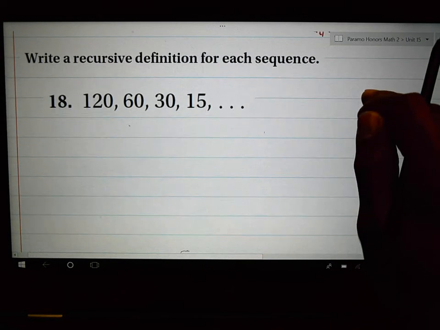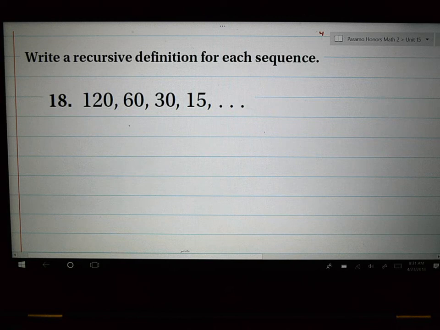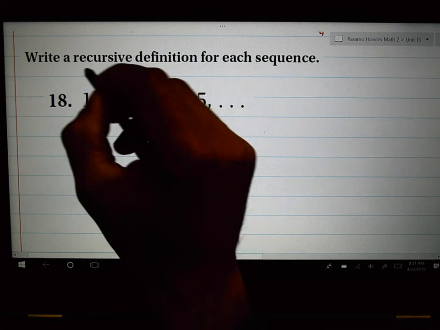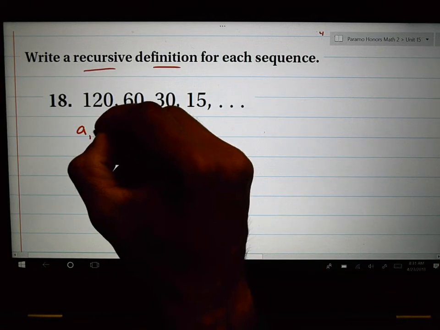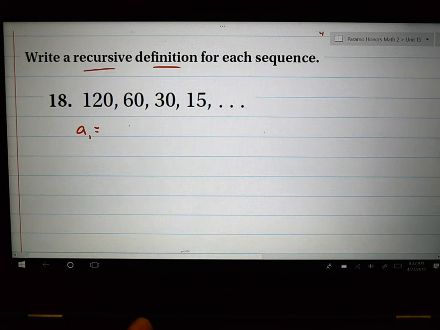Lastly, write a recursive definition for each sequence. So, because something is happening to each term, that's how we're going to use recursive formulas. The first thing we do for recursive definitions is that we definitely need an A of 1. You have to state what your first term's value is.